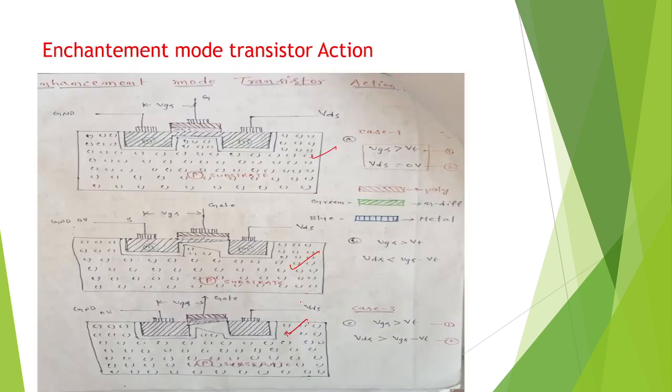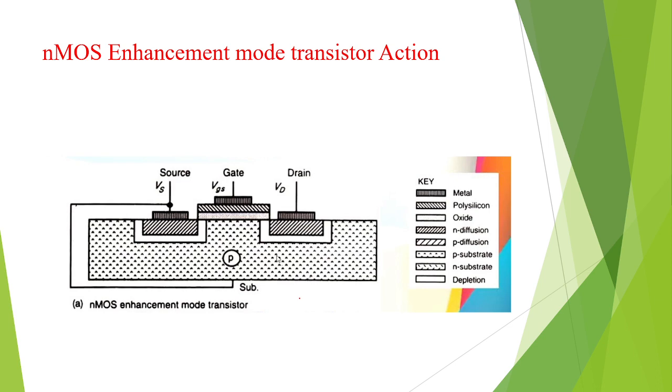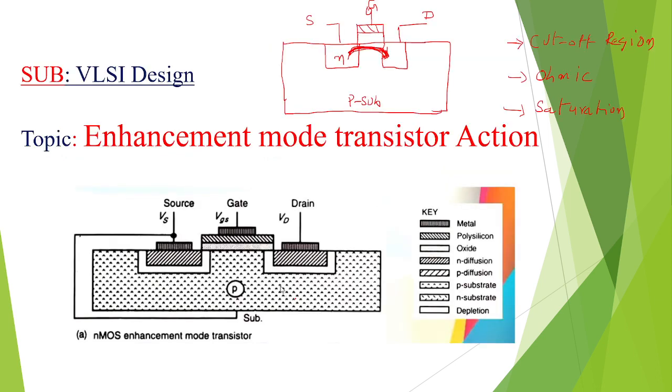Here you can see the first case. I am assuming that is the first case. Enhancement mode means, as you know, that there is no channel from source to drain. In this case, it has polysilicon material.